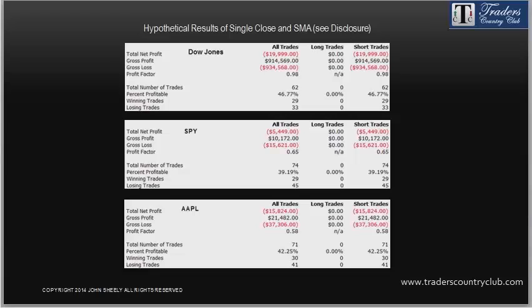So what do we see? The amount of the negative performance is not the primary focus. Take a look at the percent profitable. This is the percent of time that price fell by 2 ATR versus rose by 2 ATR after each time there was a single close below the 50-period moving average.